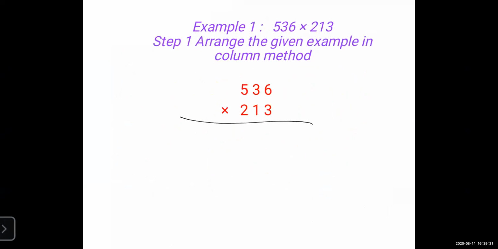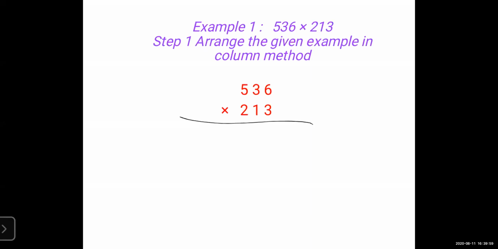See example 1, that is 536 multiplied by 213. Okay, in this example, if we observe both numbers, we see that each number has 3 digits. Two numbers are there, 536 and 213. 536 has 3 digits and 213 has 3 digits.